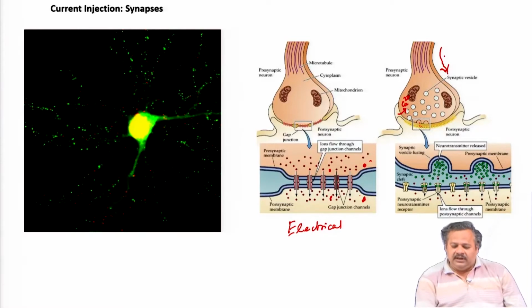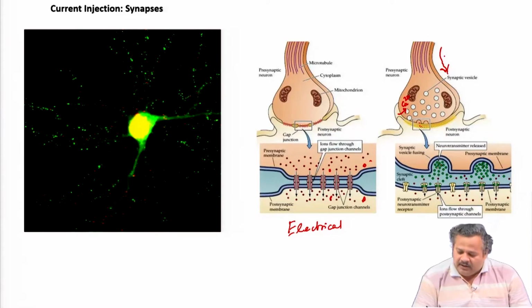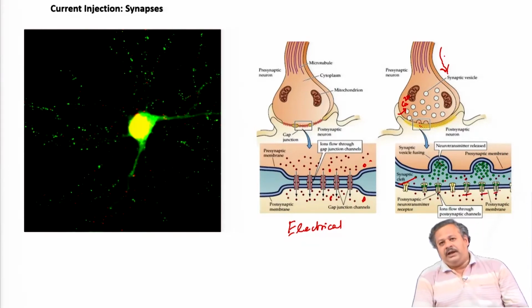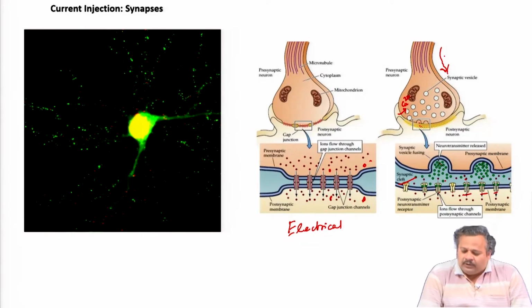As you can see here, the green dots are the neurotransmitters being released from the presynaptic side into the synaptic cleft in the middle, and on the other end there are receptors on the spine, or the postsynaptic side.